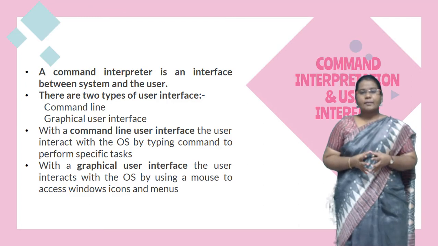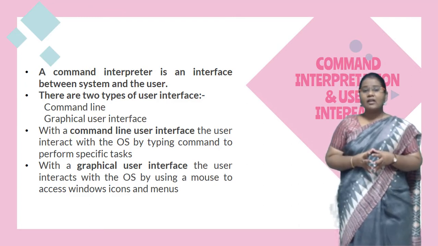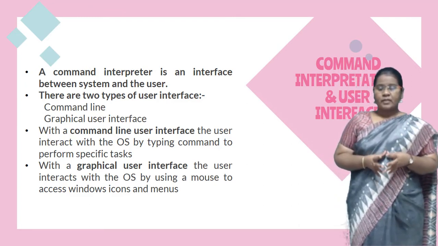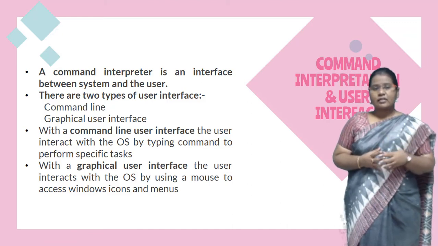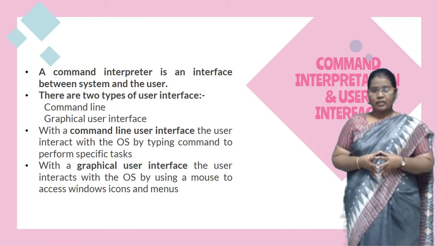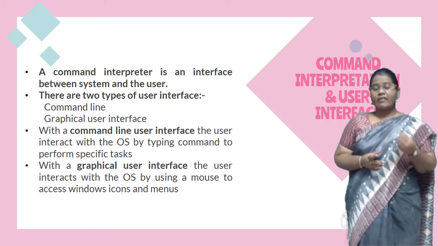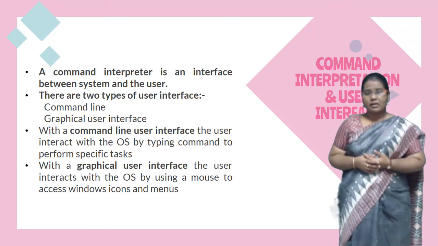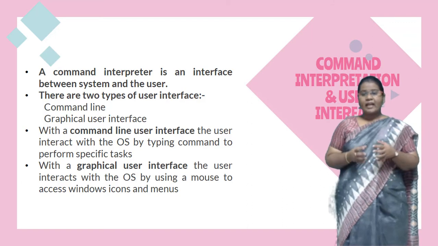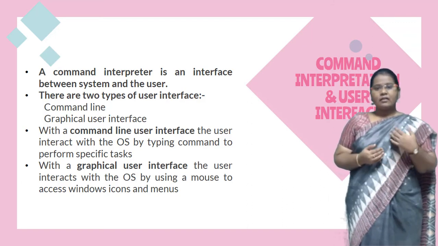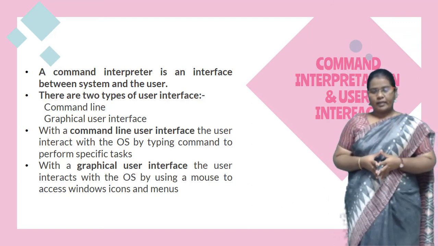The command interpreter is an interface between the system and the user. Whatever task you are going to perform in a computer, you need to give a command in order to perform that specific task. For example, most of you are using the Windows operating system.